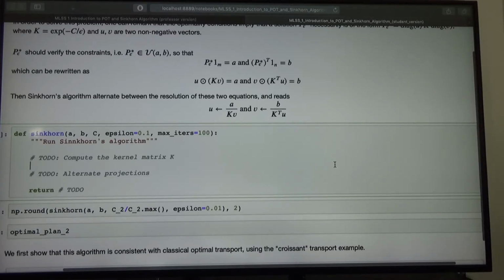And then we will alternate the projections, that is, we will alternate between computing the diagonal entries of the first diagonal matrix and of the second diagonal matrix. That is, u becomes a over Kv and v becomes b divided by K transpose u. Okay?